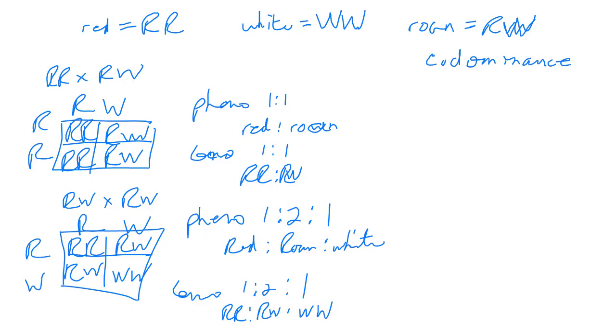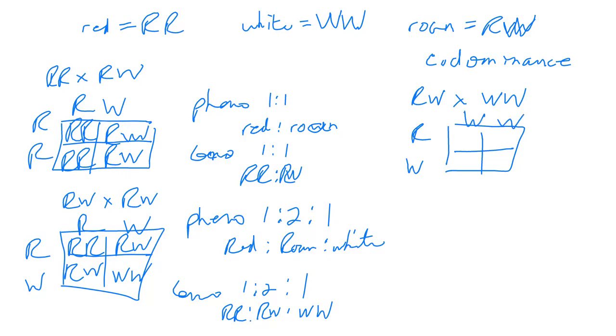The next cross is a roan and a white. So roan with a white. Again, you can simplify, but I'm not doing it here. So half the offspring are roan and the other half are white.